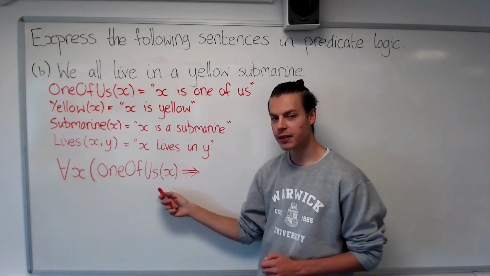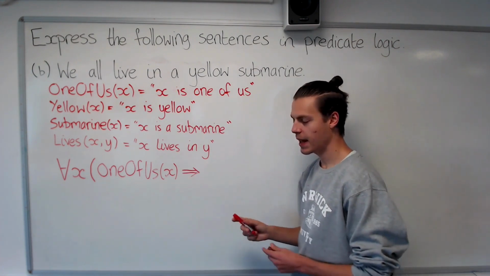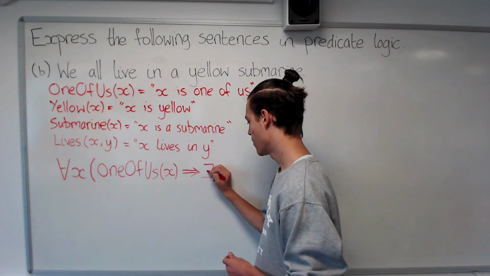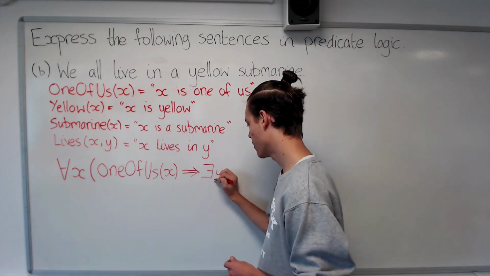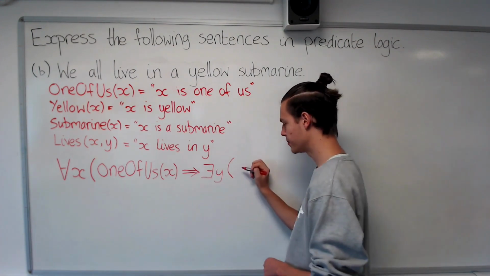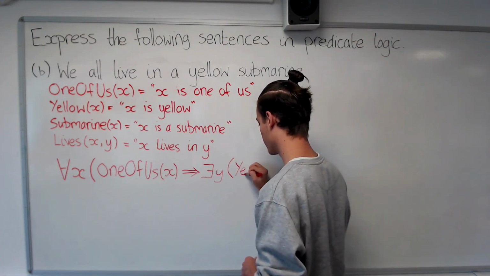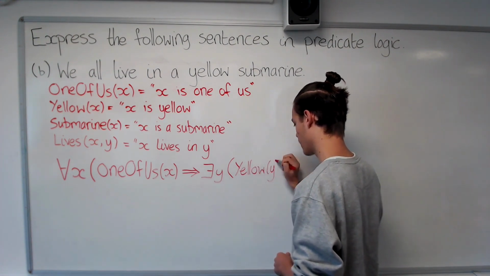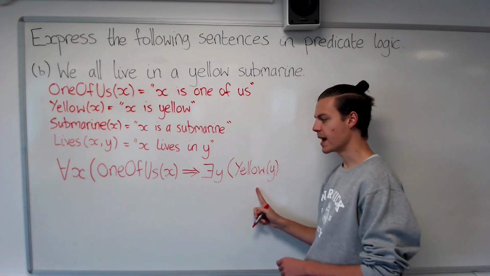If X is one of us, then X lives in a yellow submarine. So there is a yellow submarine, right? There is a thing Y, such that Y is yellow.